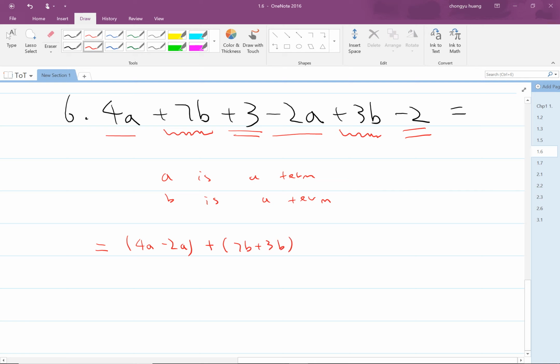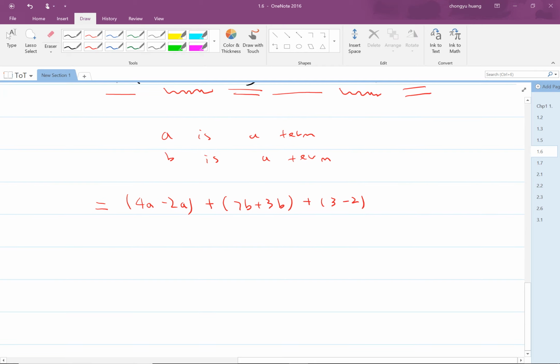And then you got those two integers. So what you have is plus 3 and then negative 2, which is 3 minus 2, right?